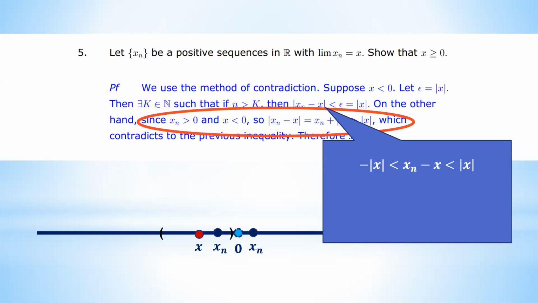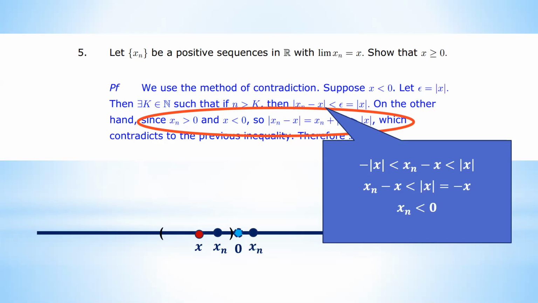So if x is assumed to be negative, now you look at the second inequality, you can see the absolute value of x will equal minus x because x is negative. Then you look at the left side and right side. You can see both sides contain minus x, so you can just cancel the minus x.